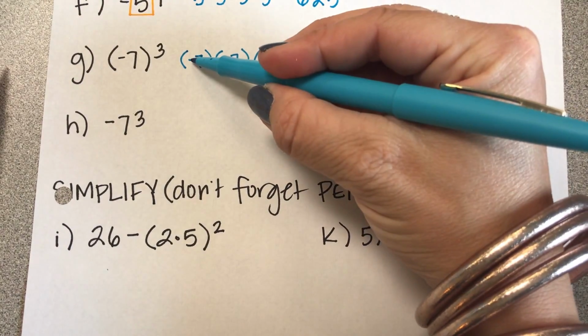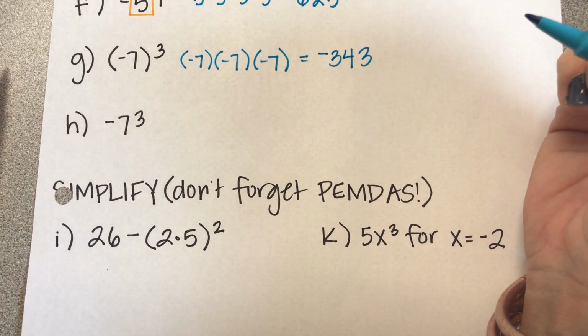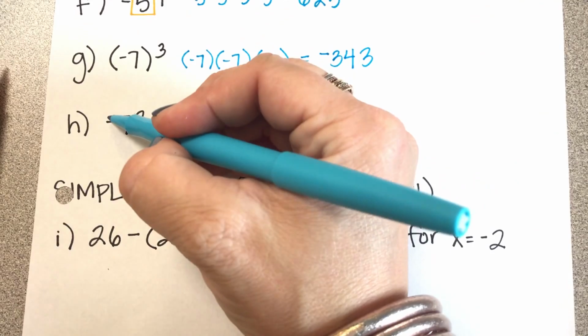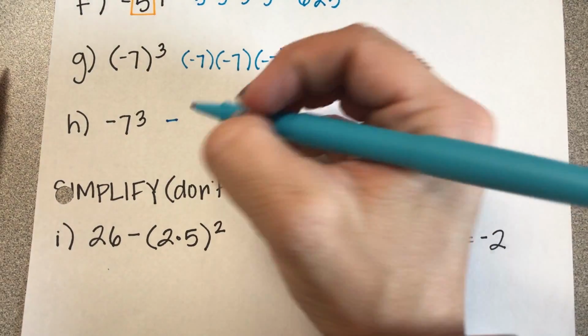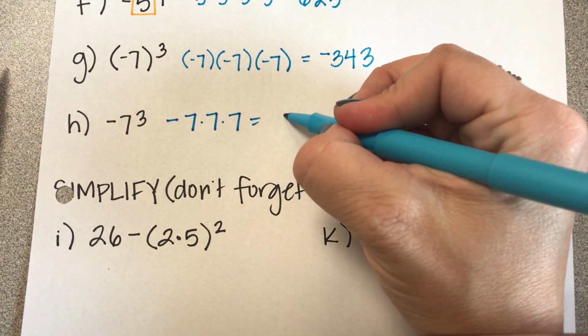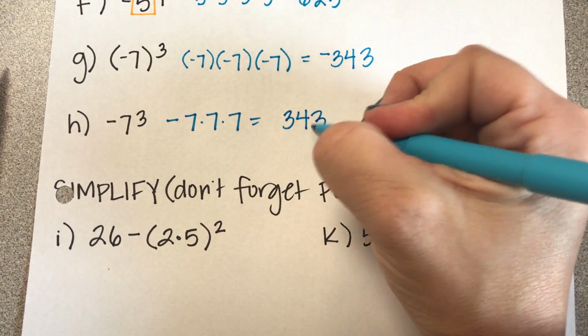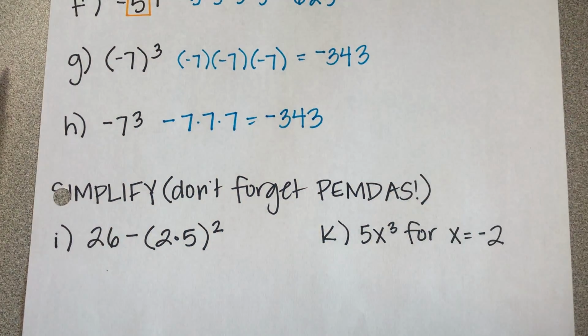Negative, because I have 1, 2, 3 negative signs. And then let's look at letter H. This one means the opposite of 7 to the third. So the opposite of 7 times 7 times 7. So 343, and is this one positive or negative? Negative, because there's one negative.